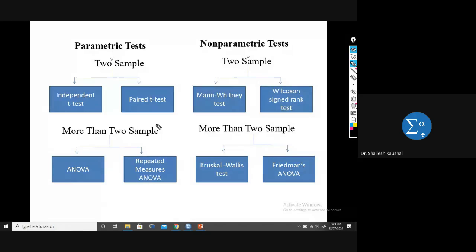I can check this hypothesis through the independent t-test, because there are two variables: salary, the dependent variable, and the two categories, male teachers and female teachers, the independent variable.